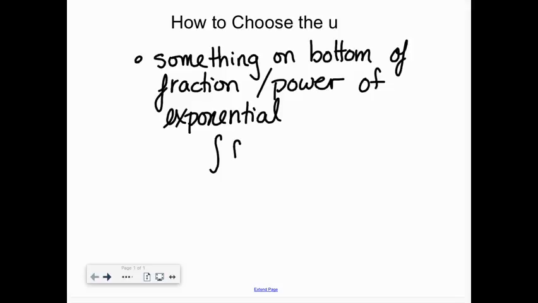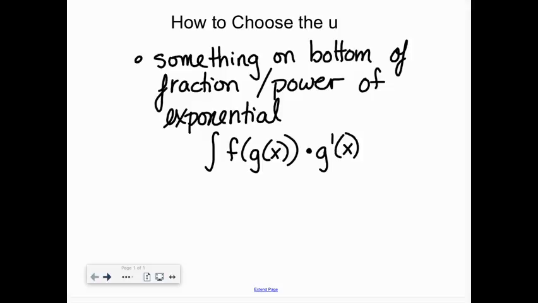It was defined saying that if you have a function u inside another function, it said that if you have a function inside another one and it's being multiplied by the derivative of that inside function, that meant that it most likely used the chain rule to find the derivative.